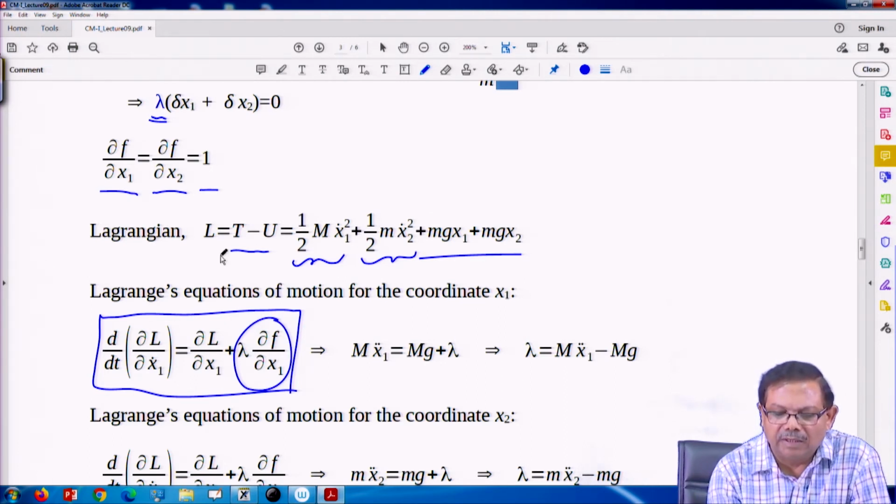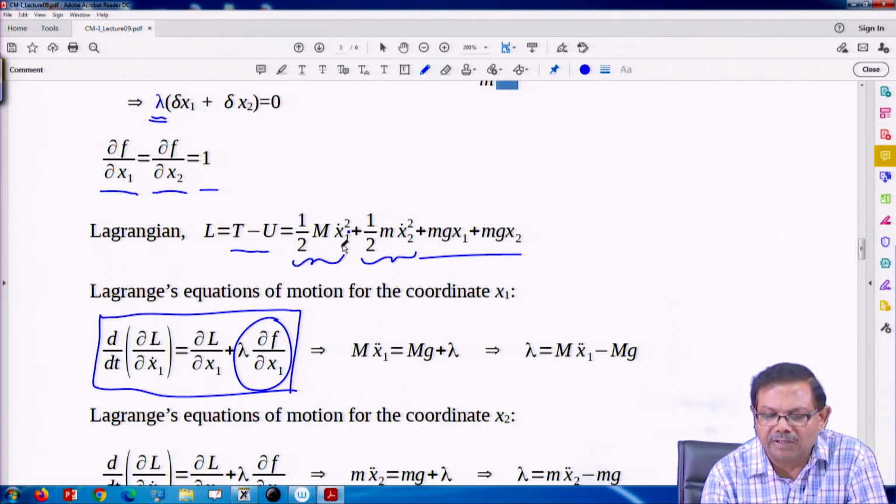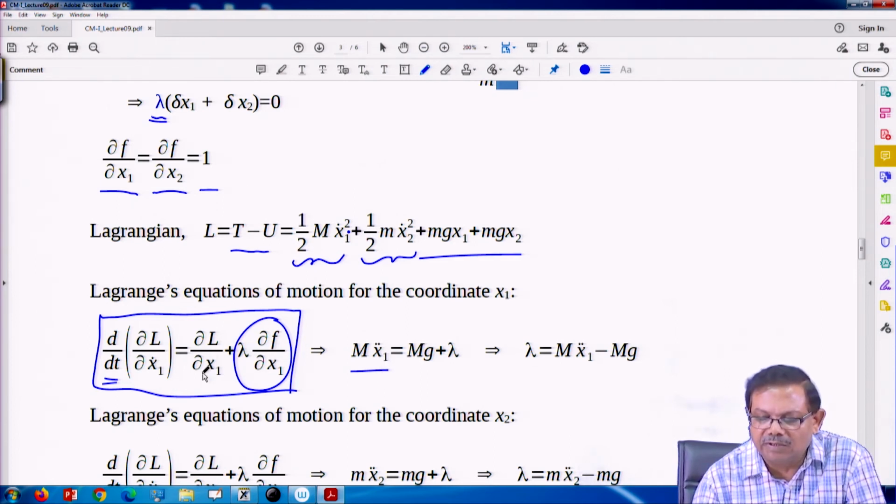The Lagrangian is given, so I can find this. I take the derivative with respect to x 1 dot, so I get m x 1 dot, and then d dt of that gives m x 1 double dot. If I take the derivative of the Lagrangian with respect to x 1, only this term contributes.